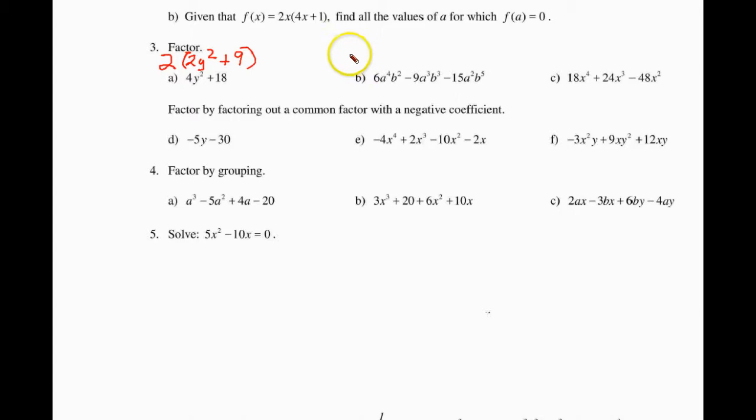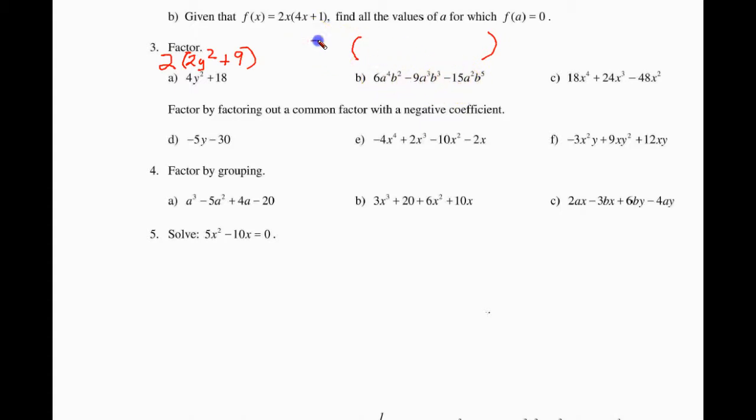Now for letter B, we're going to do something similar. We want to see what common factor in terms of the number that we can take out of each one. Well, I can't take a 6. I could take a 2 there, but not there. So it looks like what? What can I take out of each one?